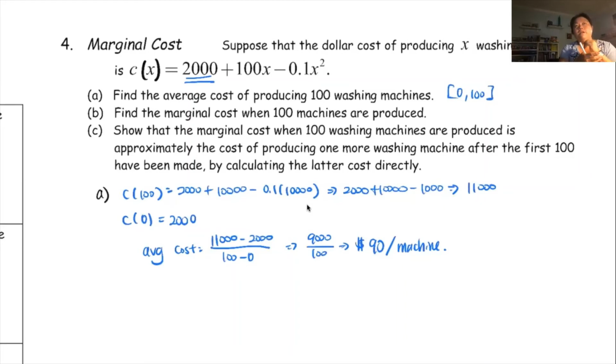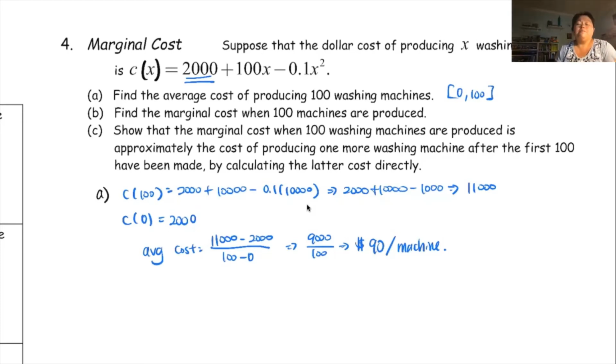Because when you're mass producing something, technically you're supposed to save money as you produce more. But sometimes that's not the case because of a lot of other factors, right? That's why this equation has 2,000 plus 100x minus 0.1x squared. I would assume 2,000 is the base cost of renting the warehouse and buying the machines in the first place, right?